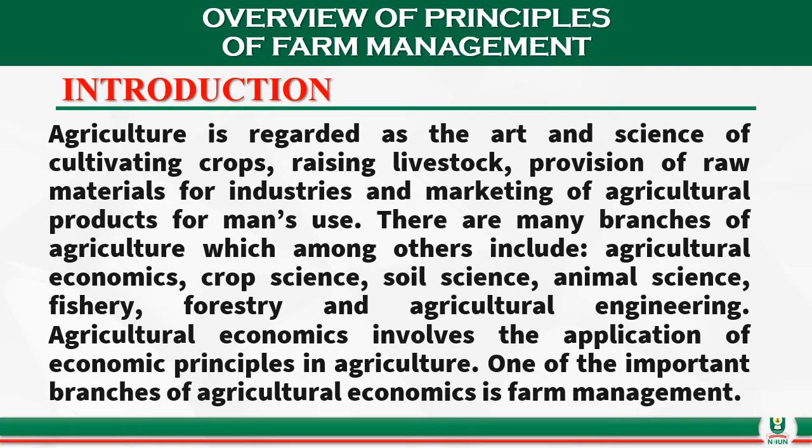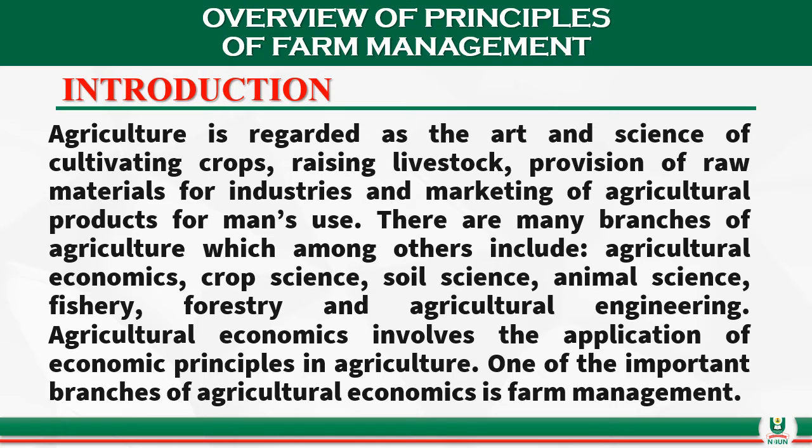We have seen cultivation of crops in a greenhouse and also raising of animals in those two pictures. There are many branches of agriculture, which among others include agricultural economics, crop science, soil science, animal science, fishery, forestry, and agricultural engineering.